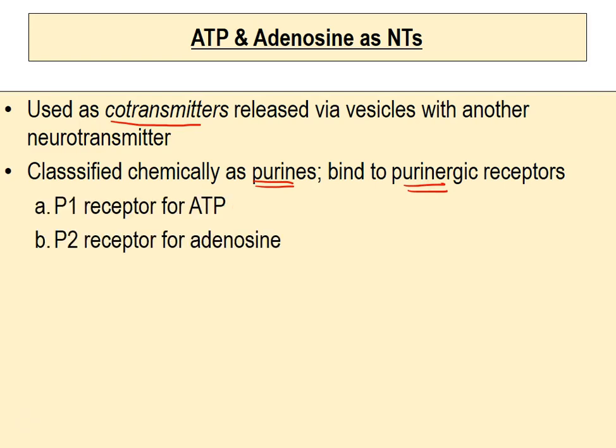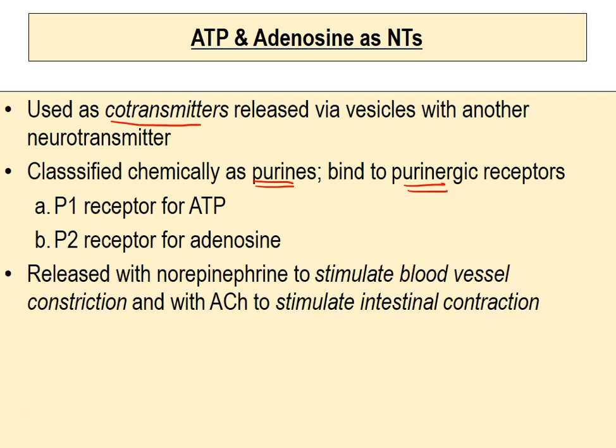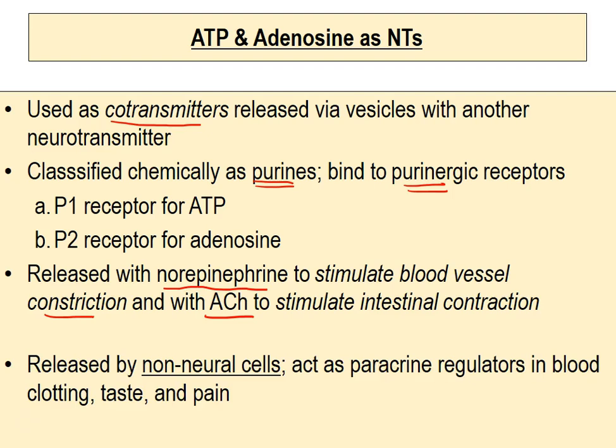There's the P1 receptor for adenosine and the P2 receptor for ATP, and they can act like neurotransmitters with norepinephrine to stimulate constriction of blood vessels, or with acetylcholine in the stimulation of intestinal contraction, so smooth muscle contraction. They can also be released by non-neural cells and act as paracrine regulators. They can be released from the blood vessel endothelium, and they have a role in blood clotting, but they're also involved in taste and in pain.